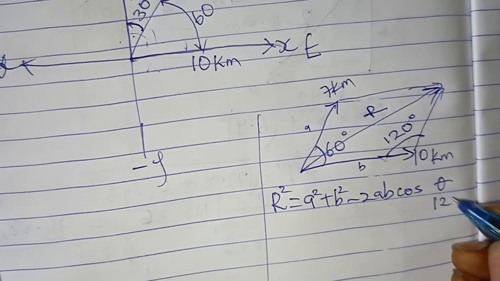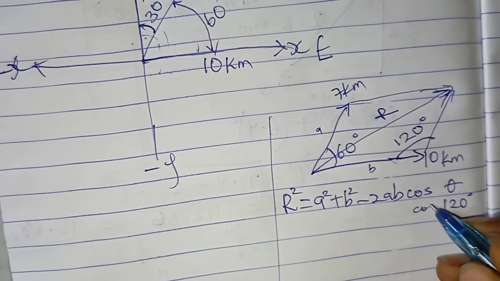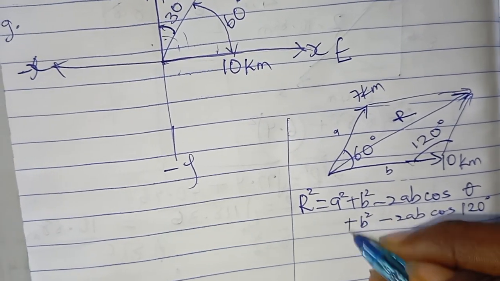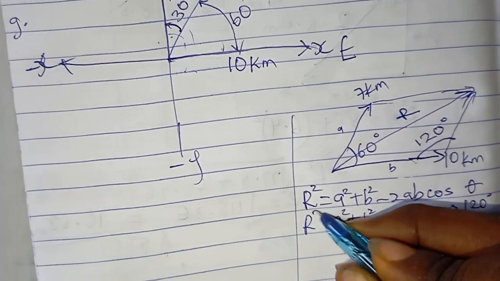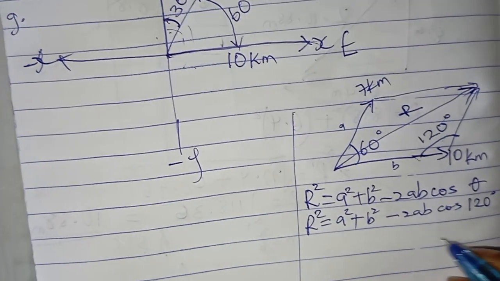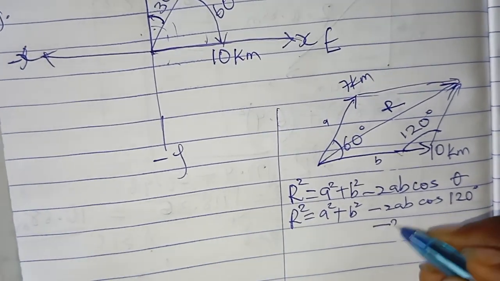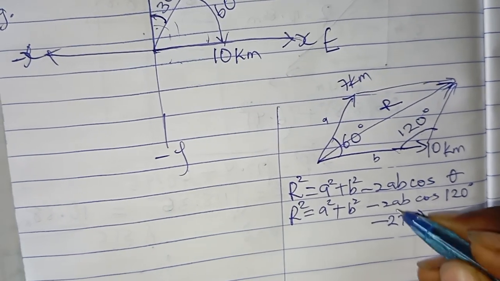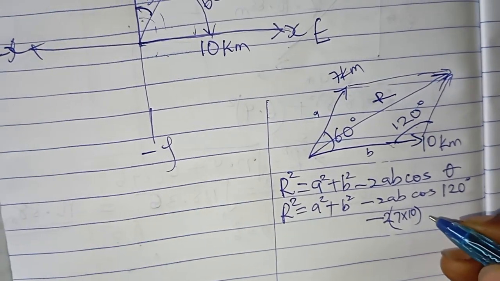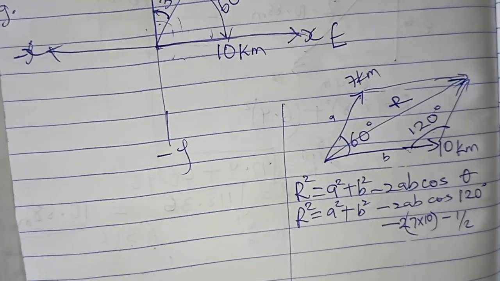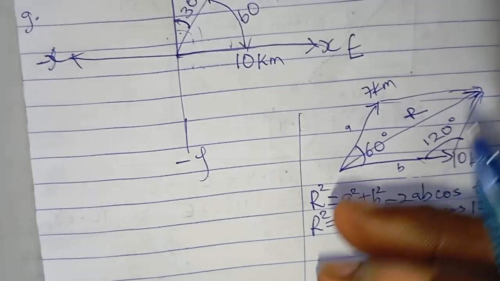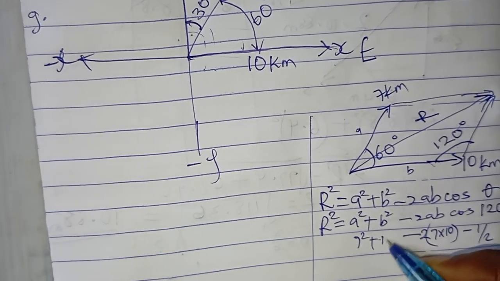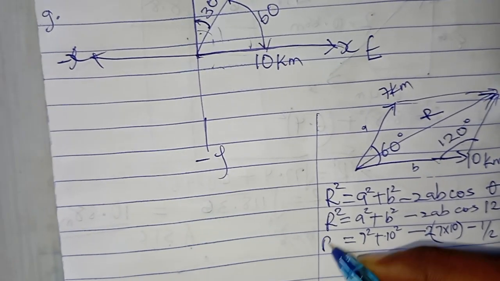So with 120 degrees, R squared equals A squared plus B squared minus 2AB cos 120. Notice that this will give me minus 2 times 7 times 10, and cos 120 is minus half. Then 7 squared plus 10 squared equals R squared.